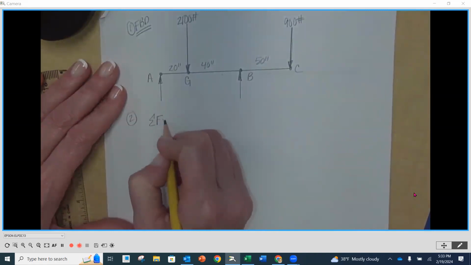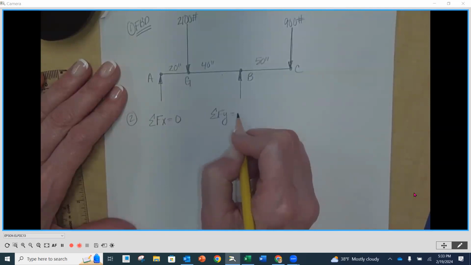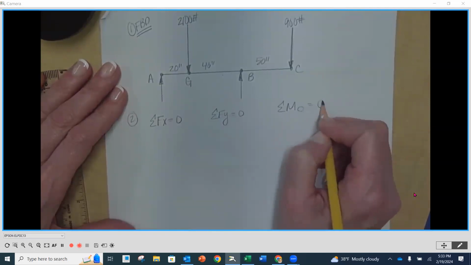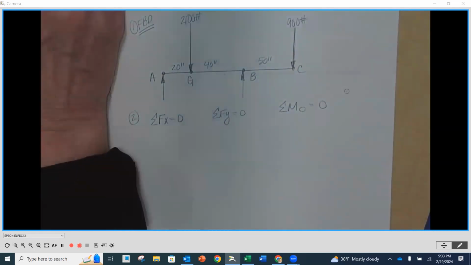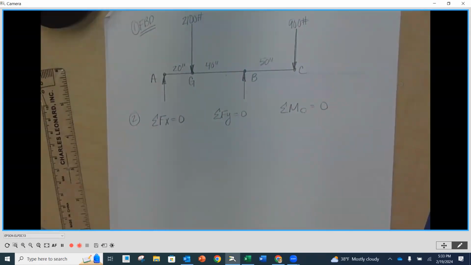My options here are sum of the forces in the x equals 0, sum of the forces in the y equals 0, and sum of the moments around a point has to equal 0 once I identify that, right? So I've got to decide where I'm going to start.